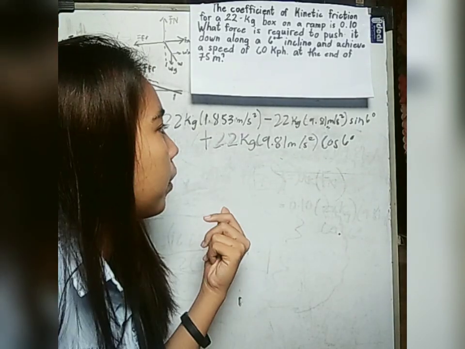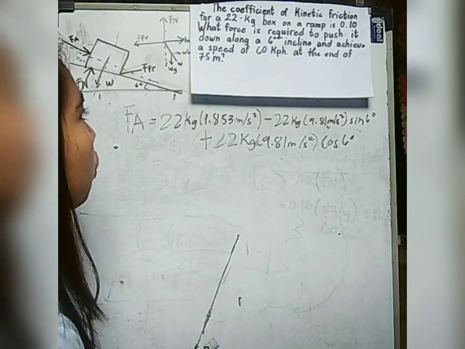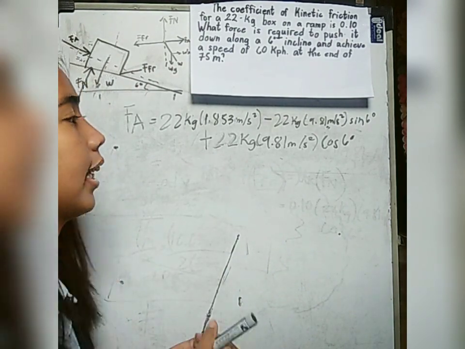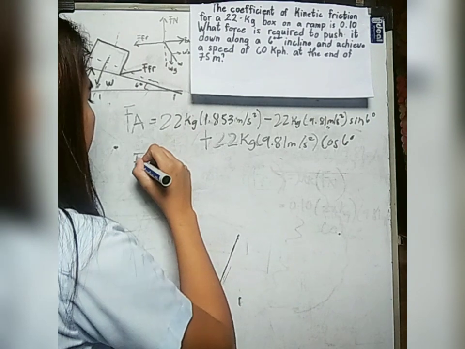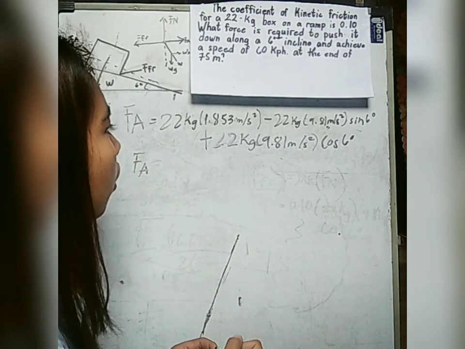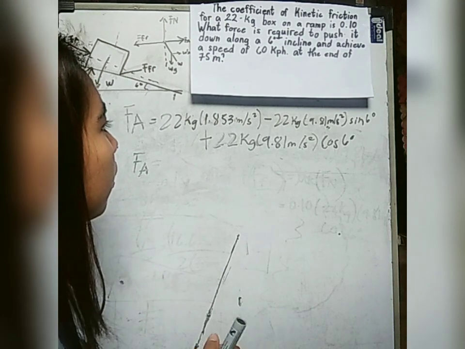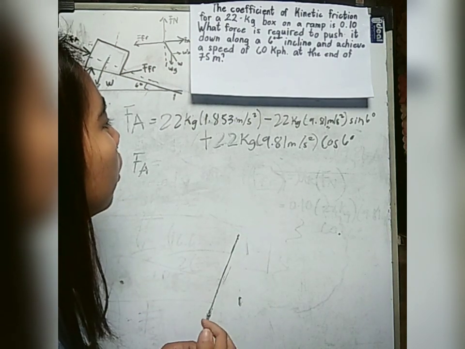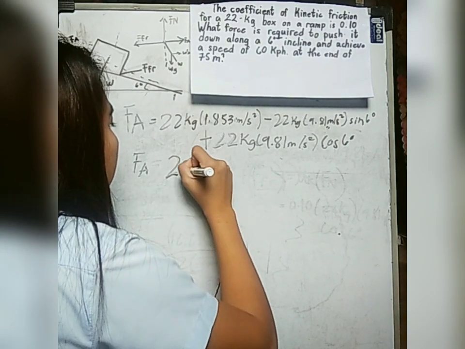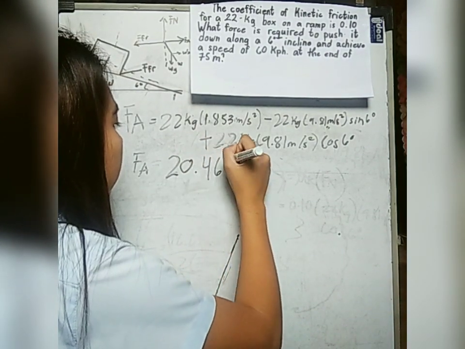So now, ganito na yung magiging picture niyan pag sinubstitute natin lahat ng value ng nakuha natin. So, force applied, pag i-solve natin yan sa calcu, it's equal to 20.46 Newton.